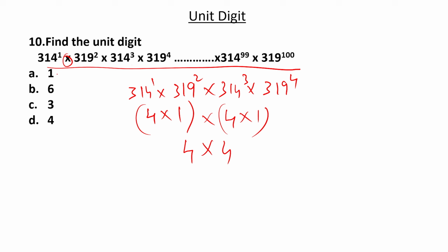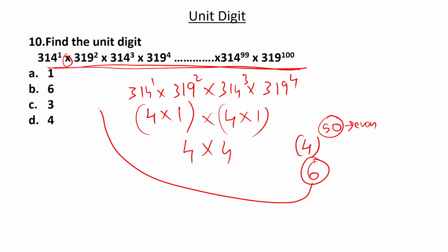Since there are 100 values, we get 50 pairs. That means the value is 4 power 50. Since 50 is an even number, the value we get is 6. So 6 is our answer.